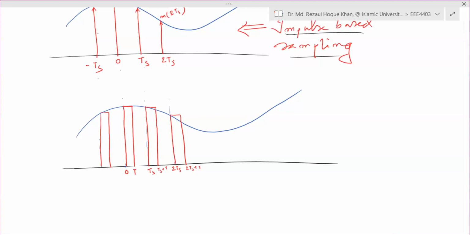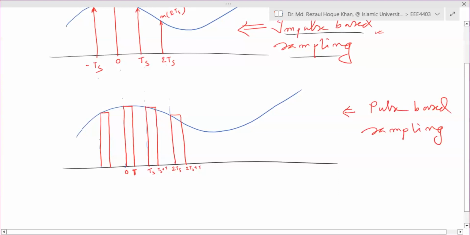In pulse based sampling, instead of impulses, we have a pulse with a finite duration t. When we multiply these pulses with a signal, the amplitude of the pulses will be scaled by the amplitude of the signal.